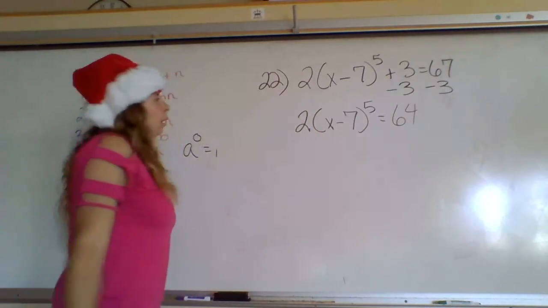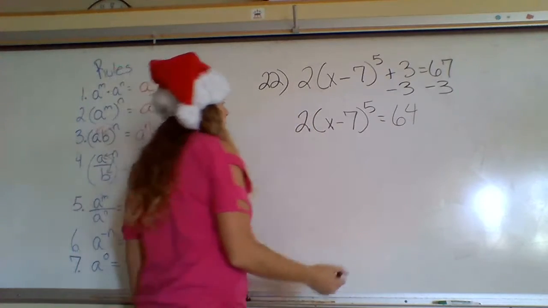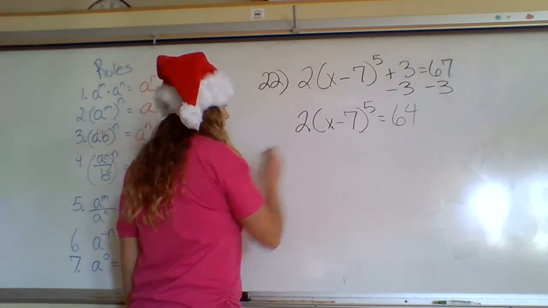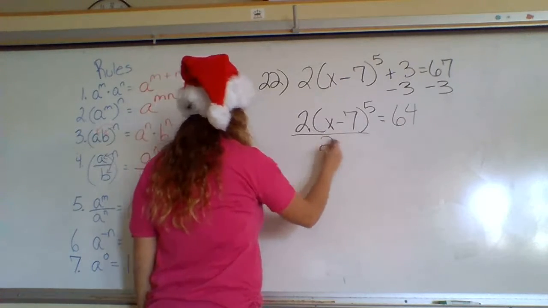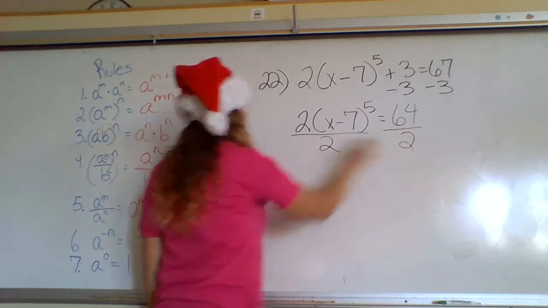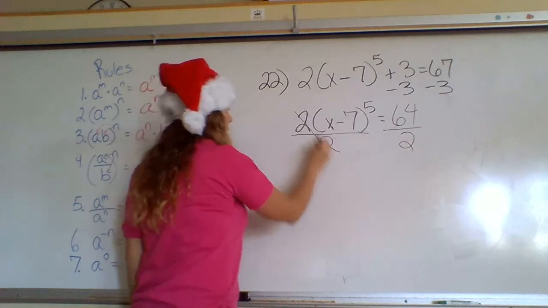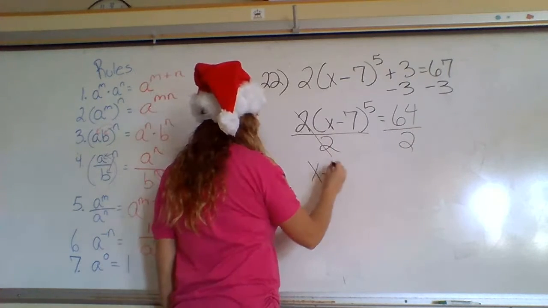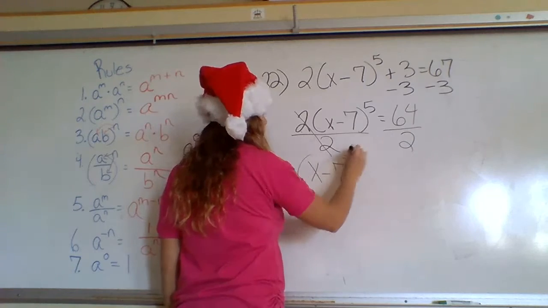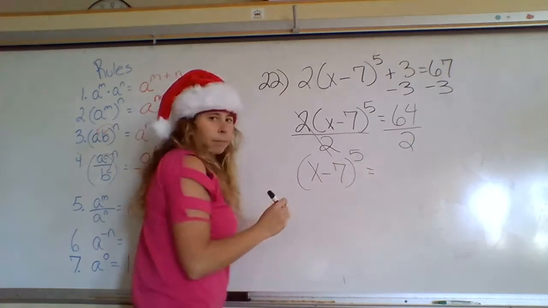Ta-da! Now, we're going to divide both sides by 2. Get rid of this 2 in front. Please cancel. And you're left with x minus 7 raised to the 5th equals 32.